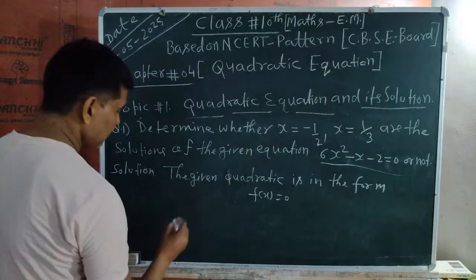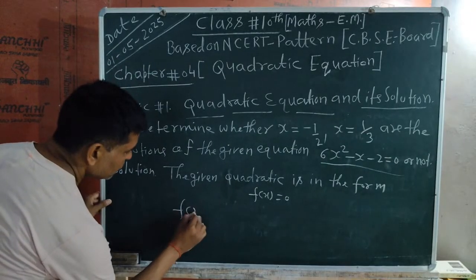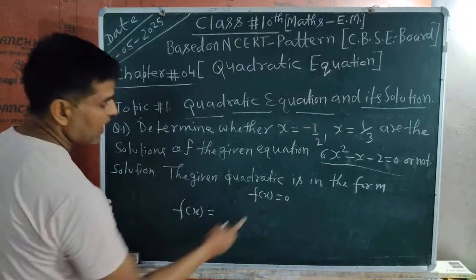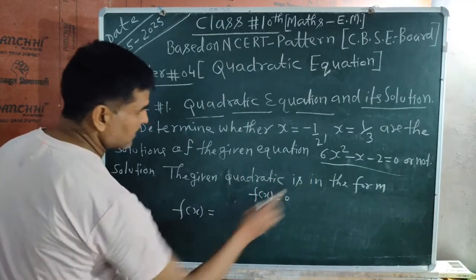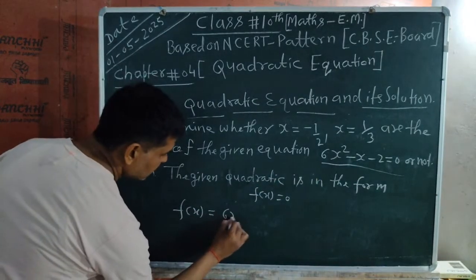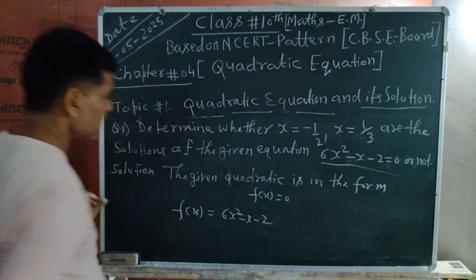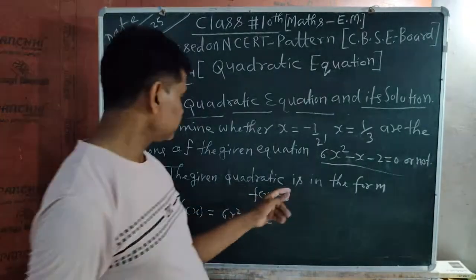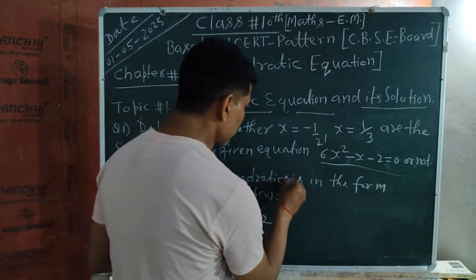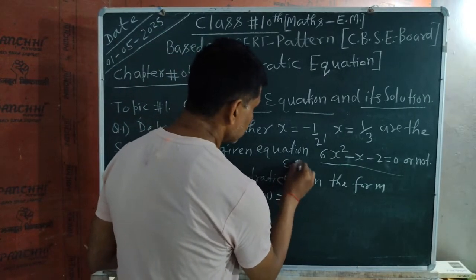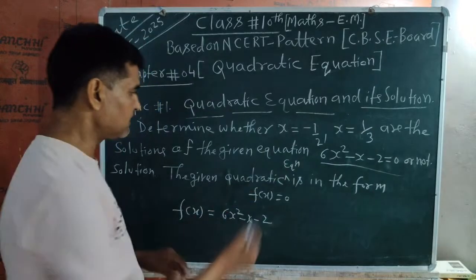Now I will say f of x is equal to, on the left hand side, 6x square minus x minus 2. Given quadratic equation, here I have to write equation. Then in short form I can write like this.